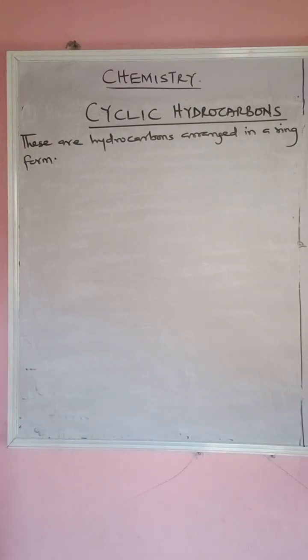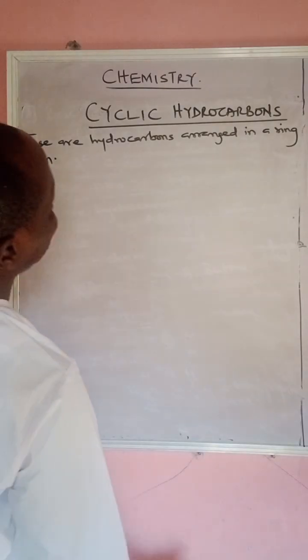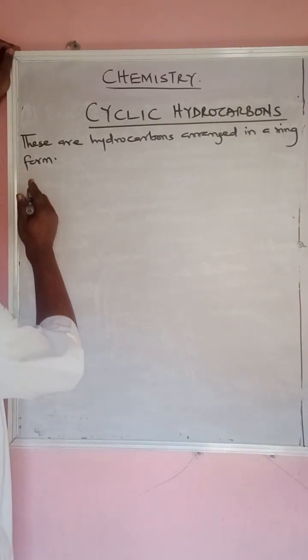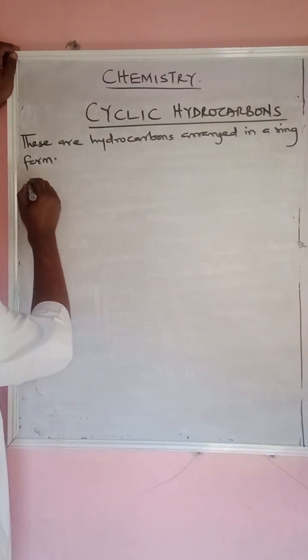Any hydrocarbon arranged in a ring form is called a cyclic hydrocarbon. Take note of that. So it is divided into 2.